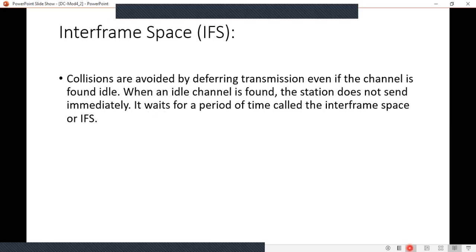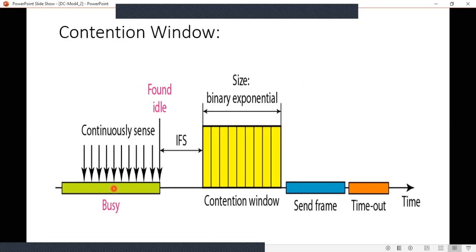See this diagram, you will understand what the interframe space is. The station is continuously sensing here, and after sensing, at some point it will see that the channel is idle. This is not busy, it is idle. At this point, it will not send the frame directly.